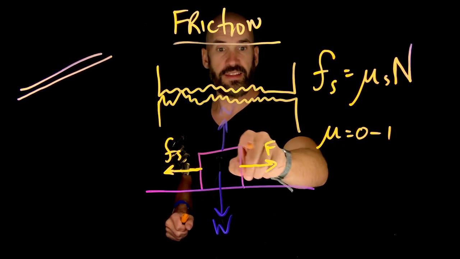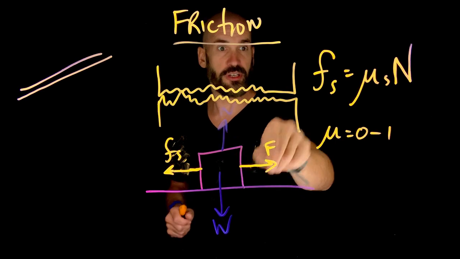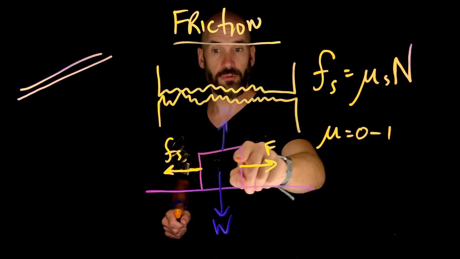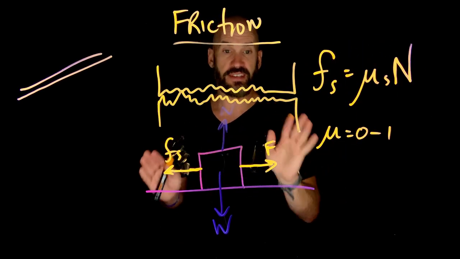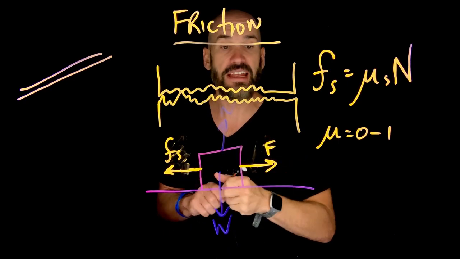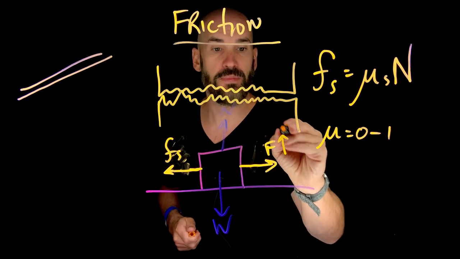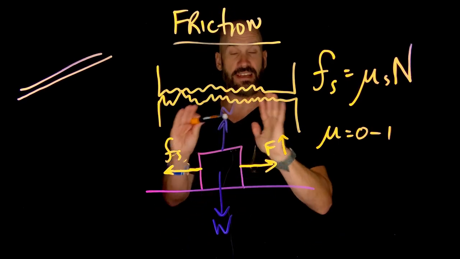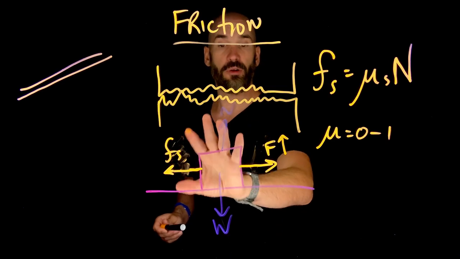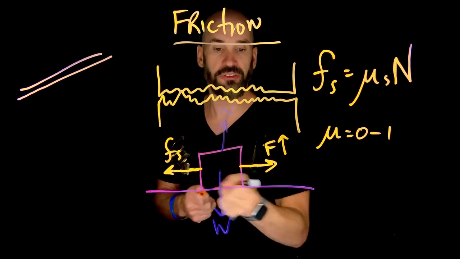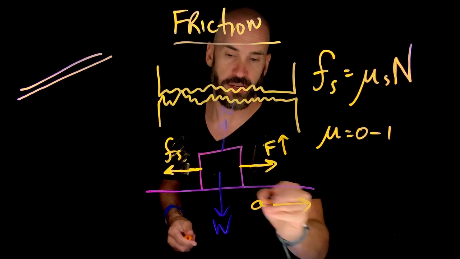So when this force here that I'm pushing reaches this value, then it can't resist anymore. And if I raise my force any bit above that, if I start pushing any harder, it will overwhelm this force, and I will start to get an acceleration in this direction.